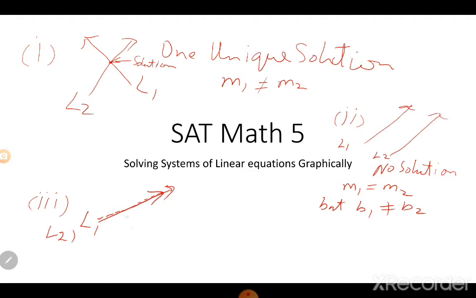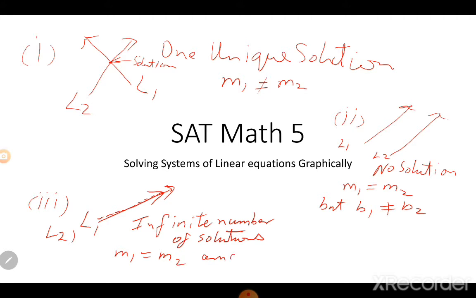So in this scenario, there's an infinite number of solutions. And in this scenario, the slope of the first line is equal to the slope of the second line, and their intercepts are also equal to each other. So we have equality across the way.